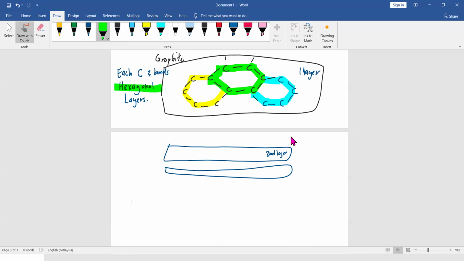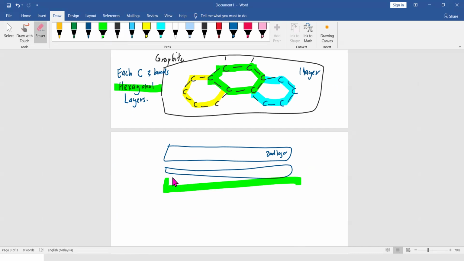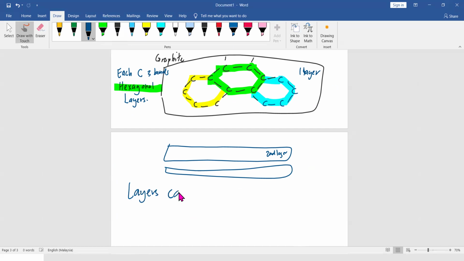Do you understand, Hannah? So the layers, are they easy to come off? Yeah. So what happens is the layers can slide over each other. And so it is used as a lubricant.